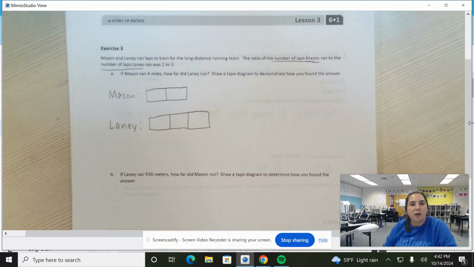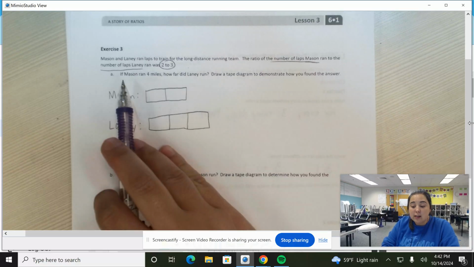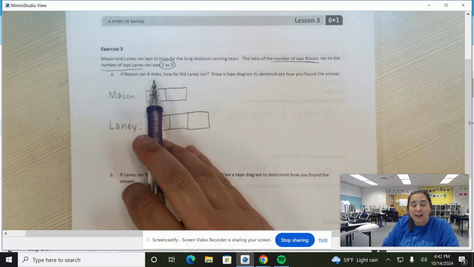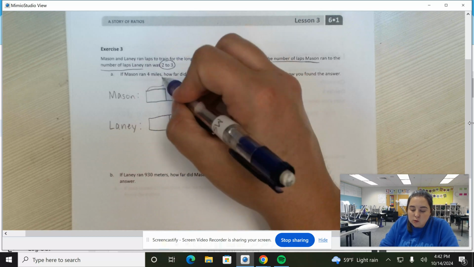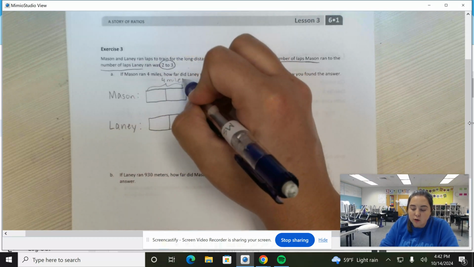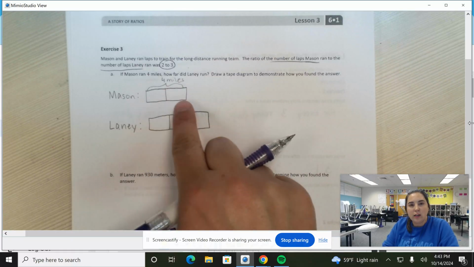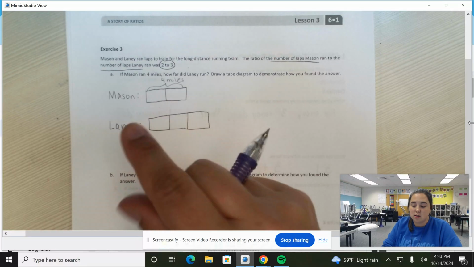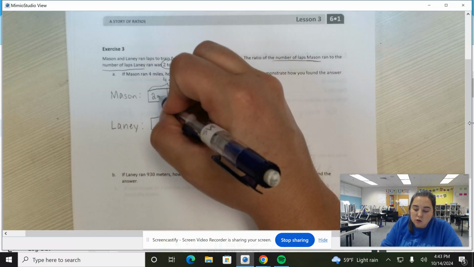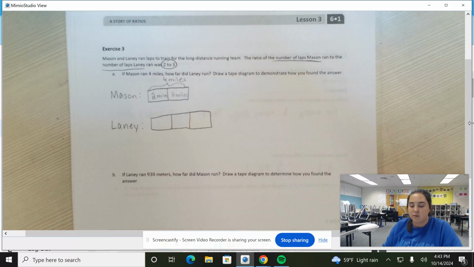Okay, but that's not all they want to know. We did our 2 to 3 ratio. But now it's saying Mason ran 4 miles. So whatever this equals, this was 4 miles total. Could we use that 4 miles to figure out what each of these units would be worth? It has 2 units, and I know 4 divided into 2 parts means this would be 2 miles, and this would be 2 miles.